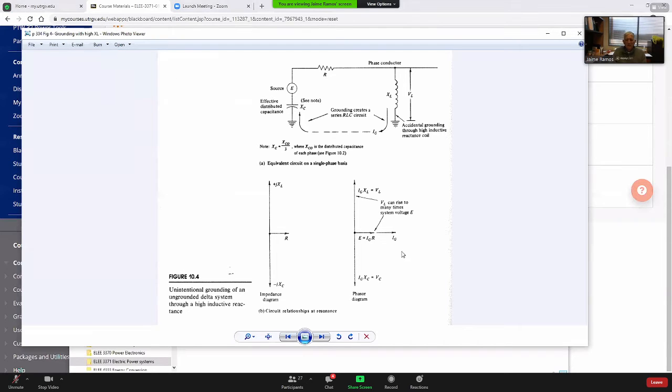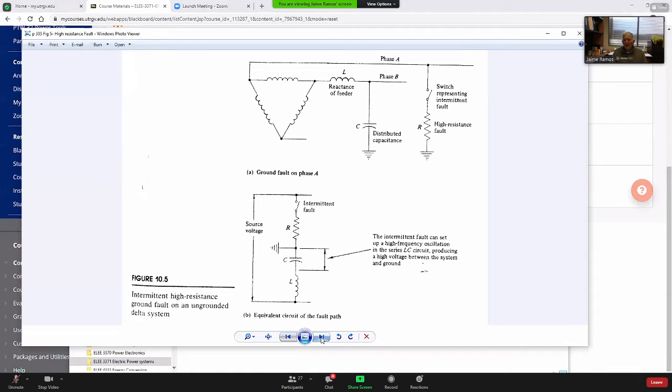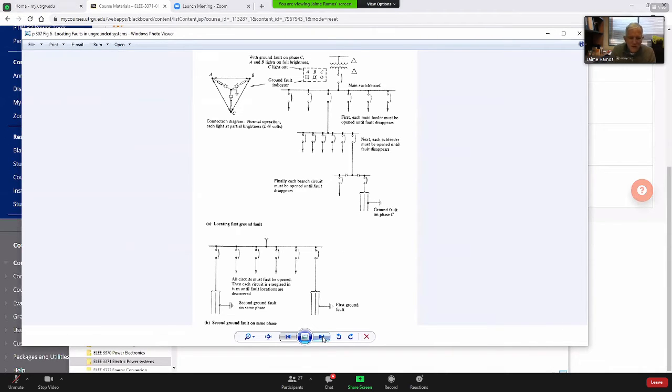So that's one disadvantage. Another disadvantage, again, here we have some sort of resonance between distributed capacitance and the reactance. Okay, now look at this diagram. This diagram is interesting. Look at the delta on the top left.